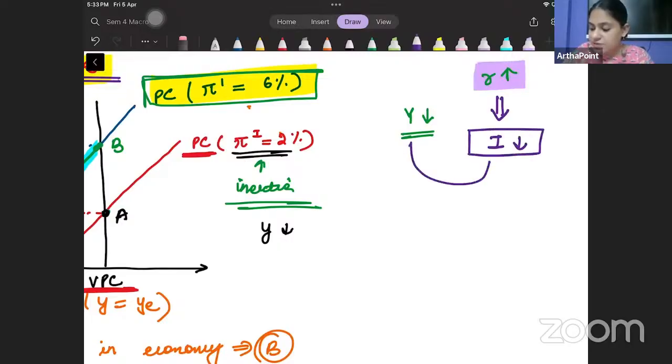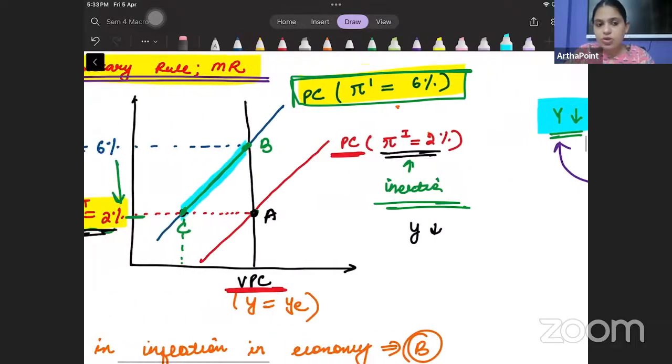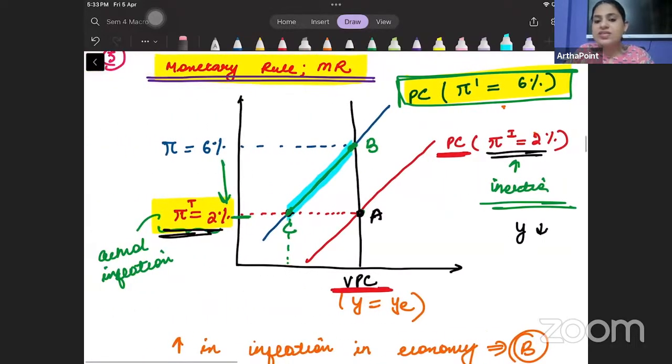And when investment decreases, the level of the output will decrease. तो बच्चे, अगर आप point B से C देखो, this is a very aggressive policy, क्योंकि immediately, within seconds, within a year, we are coming from point B to C. हम एकदम से यहां पे आ गए and हमें output बहुत ज्यादा lower करना पड़ा to achieve the target inflation.